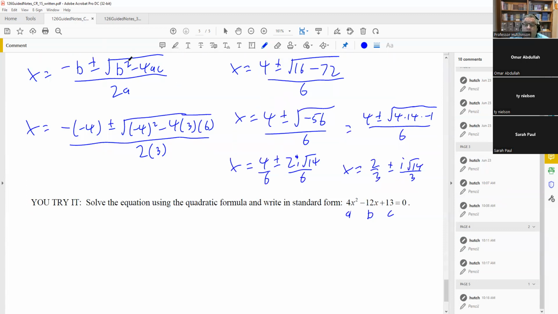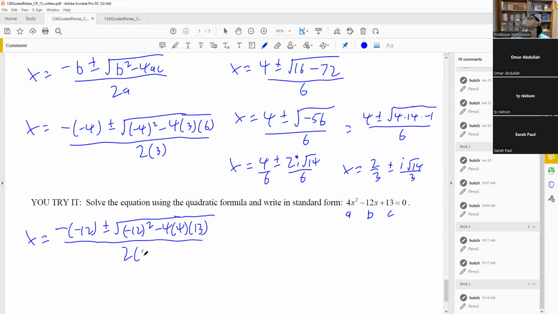I won't rewrite it since we've got it up here, and I'll just jump right into plugging in the A, B, and C. So I have another negative B, so negative times negative 12, plus or minus the square root of B squared, negative 12 squared, minus 4 times AC, 4 times 4 times 13, all over 2 times A, 2 times 4. Okay, so that would be A, B, and C put in there.